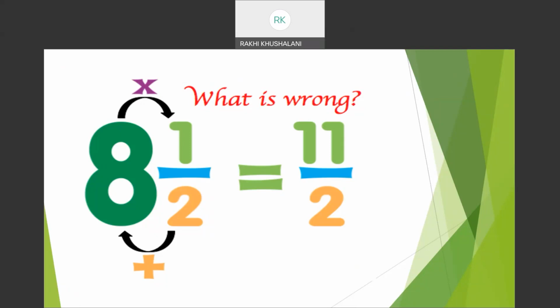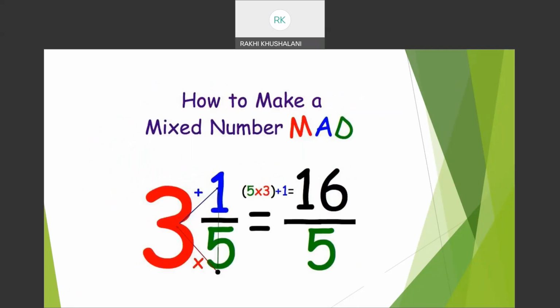We try to do all these mixed-up things and then we end up making some sort of error there. Or we can also make such a mistake, that is just adding everything together or multiplying. We can make any mistake. So what should we do to remember that we don't make any such mistake?